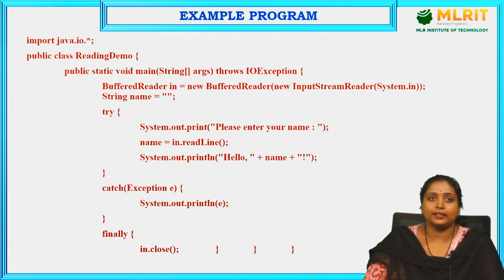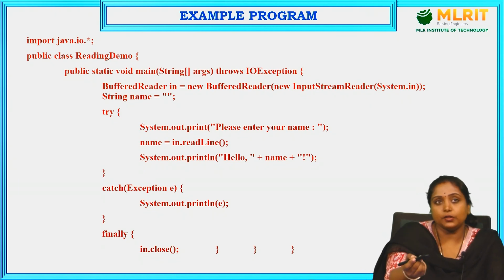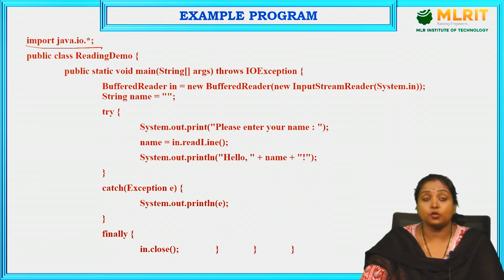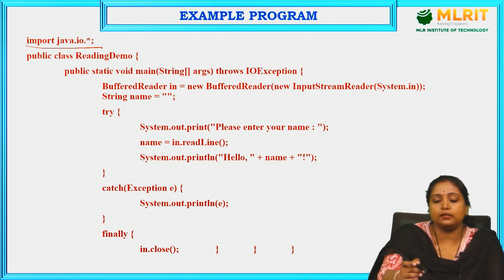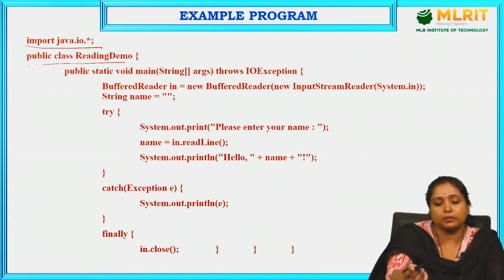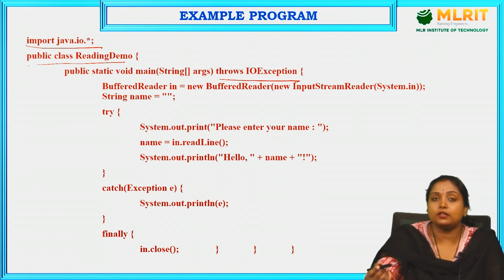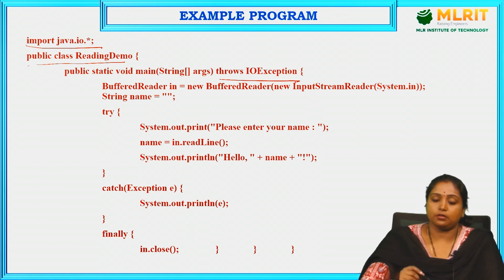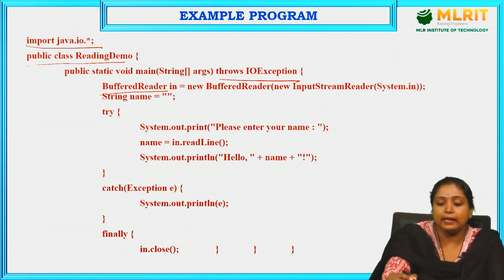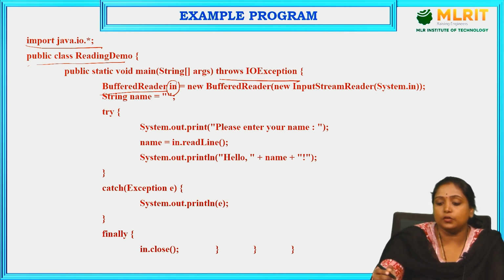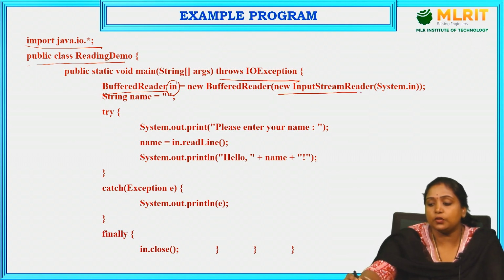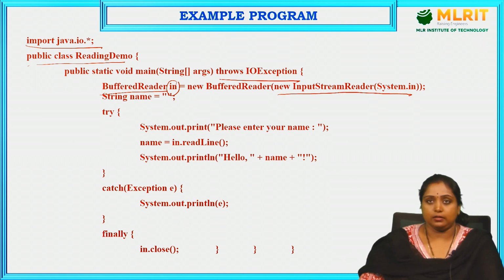In order to use the BufferedReader class, you have to import the java.io package. So here is an example program. As I am using this technique, I have to import java.io package, and I just want to read a few things. ReadingDemo is my program name, and it might throw an IOException. You have to create an object of the BufferedReader class using new InputStreamReader of System.in.